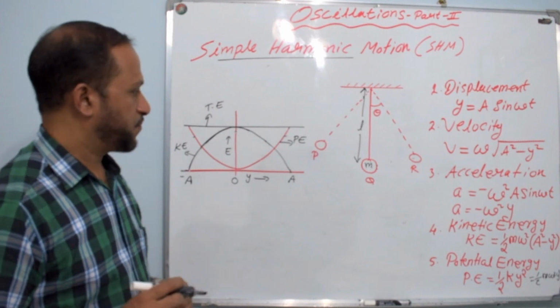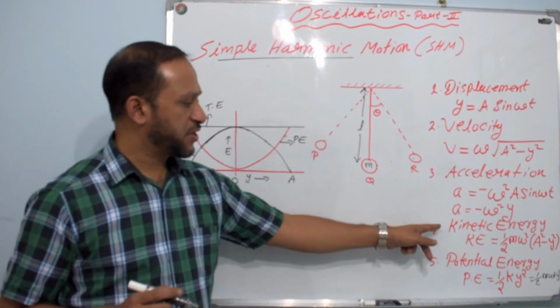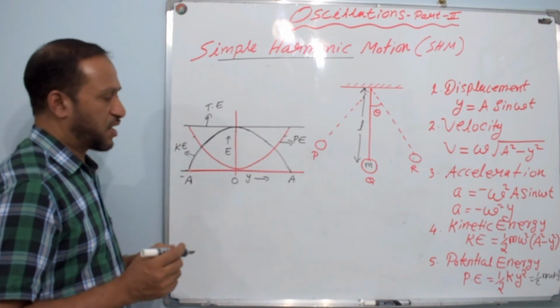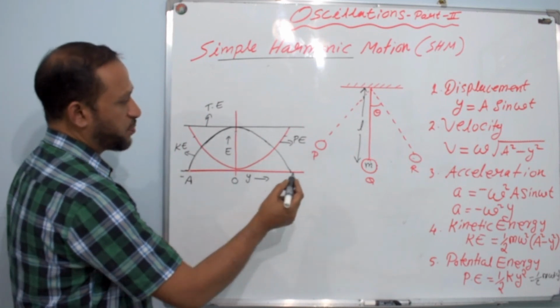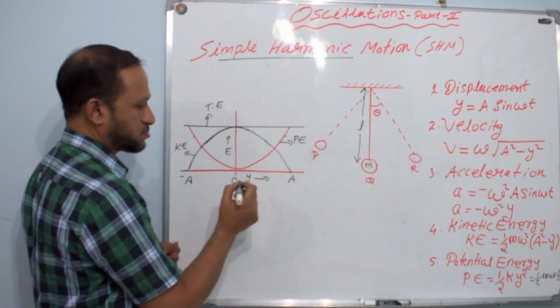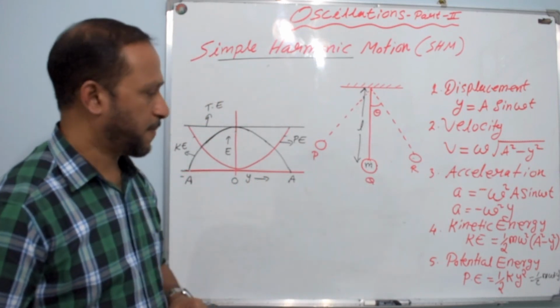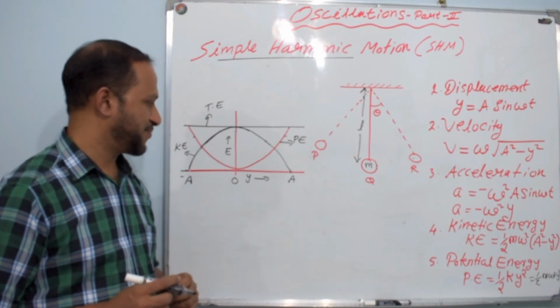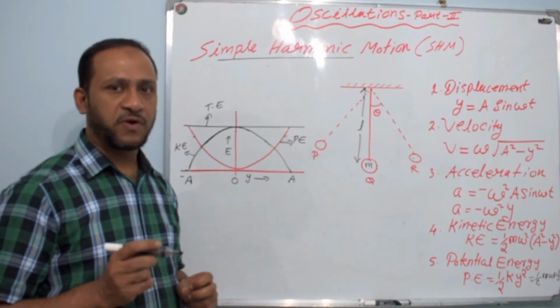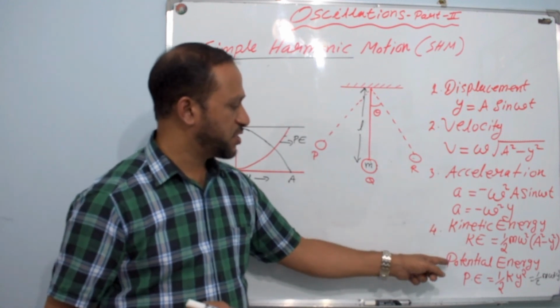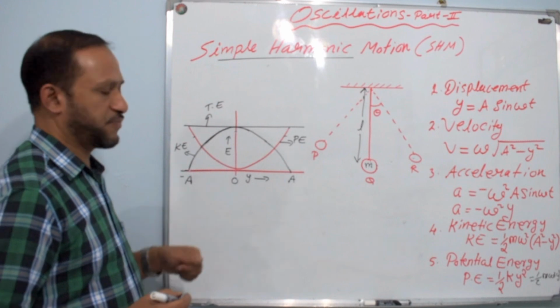Now we can see the variation of kinetic energy and potential energy on a graph.